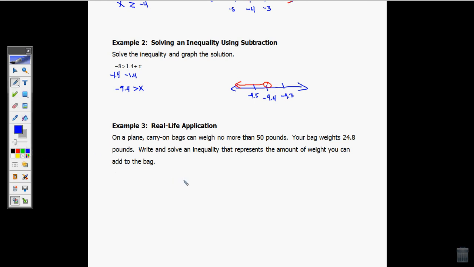We have some important key words in there. Weight of bag. What else? Plus amount of weight that you can add, right? Is no more than, so that's important.